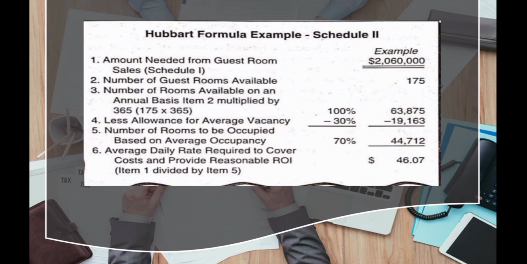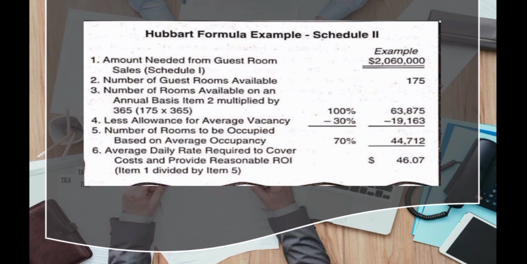So to get the average daily rate required to cover costs and provide reasonable ROI, we will have to divide item 1 by item 5, which is $2,060,000 divided by 44,712, and then we will come up to $46.07.